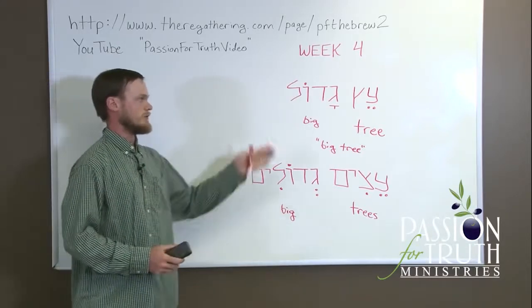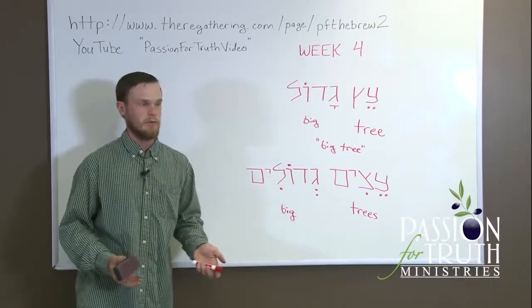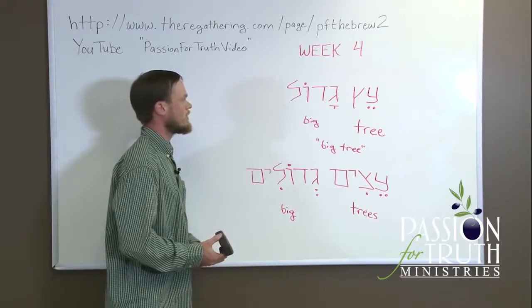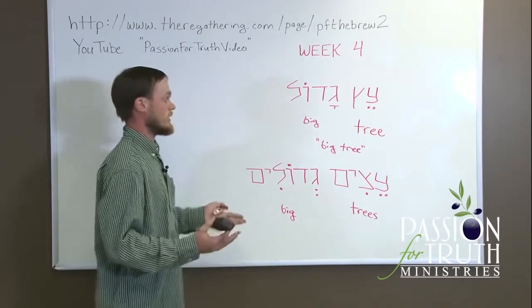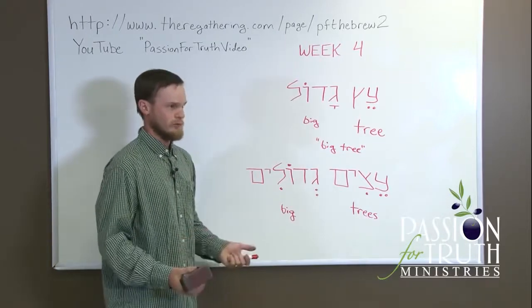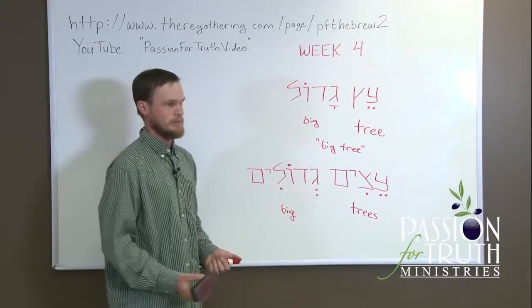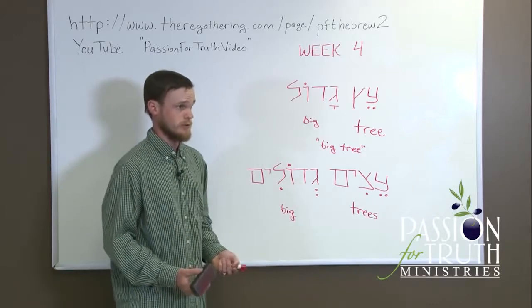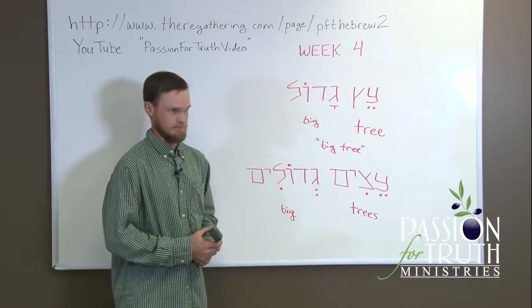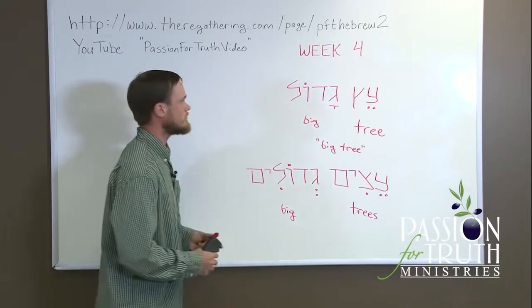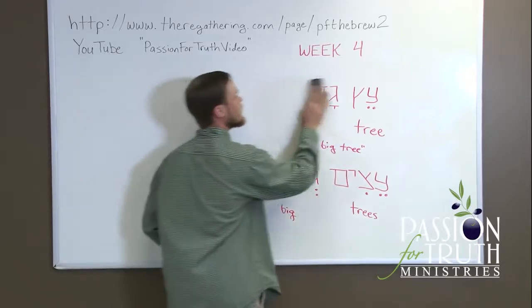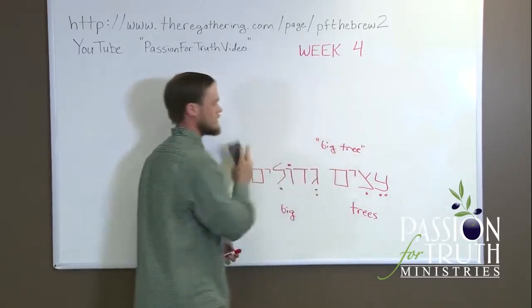And of course, it doesn't have to refer to a tree. If we were to speak of men, using good man that we had before as opposed to big man, ish tov, anashim, because that's the irregular plural of ish, as we discussed last week, anashim tovim, good men, yes. I'll go ahead and write that up here, just so we have it.